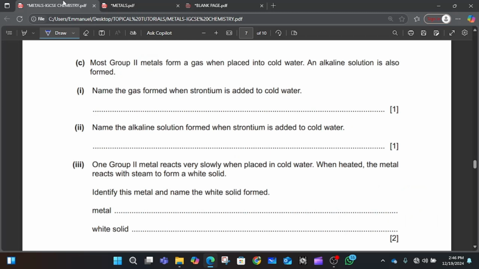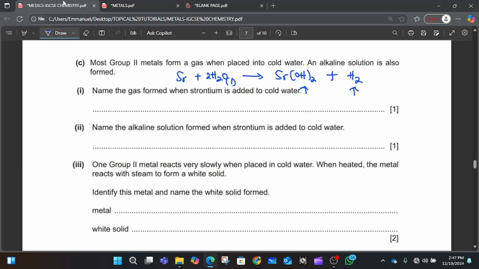C. Most group 2 metals form a gas when placed into cold water. An alkaline solution is also formed. I. Name the gas formed when strontium is added to cold water. Metals that react with cold water produce metal hydroxide solutions and hydrogen gas.